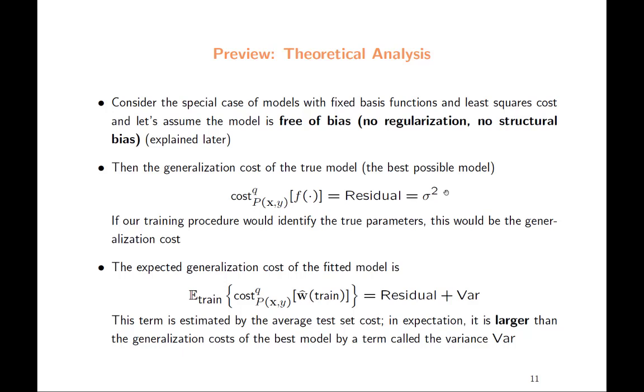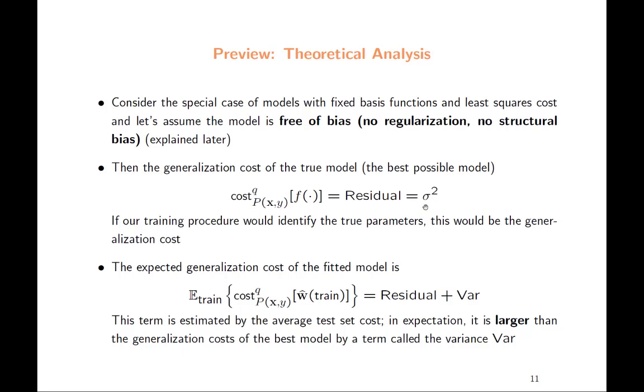The important thing is the expected generalization cost of the fitted model. This is the model trained on the training data but evaluated on the test data, and we take the expectation over all possible training data sets. That's a somewhat complicated expression. It's the sum of two terms.